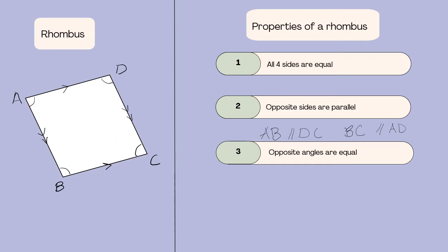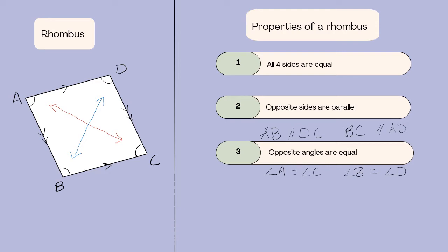So the opposite of A is C, and opposite of C is A, and the opposite of B is D, and the opposite of D is B. So for example, again, angle A equals angle C because they are opposite, and angle B equals angle D. So that's the third property of a rhombus.